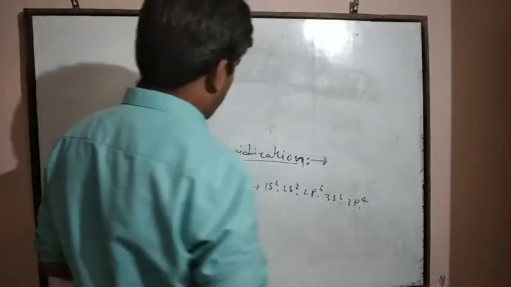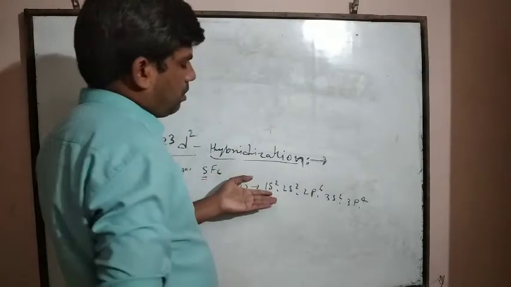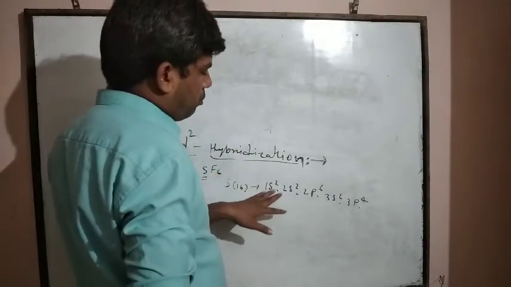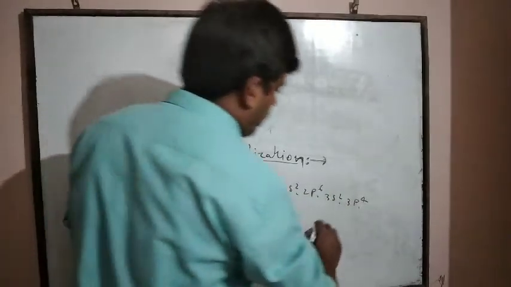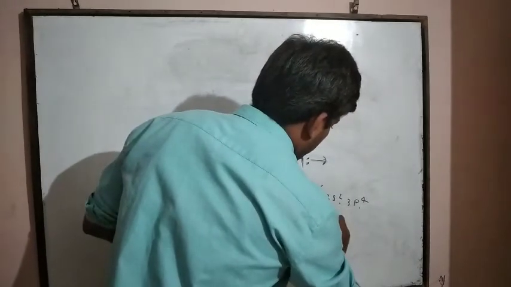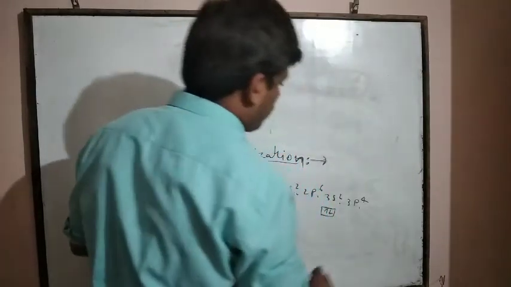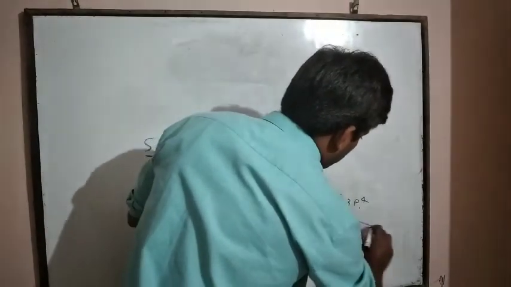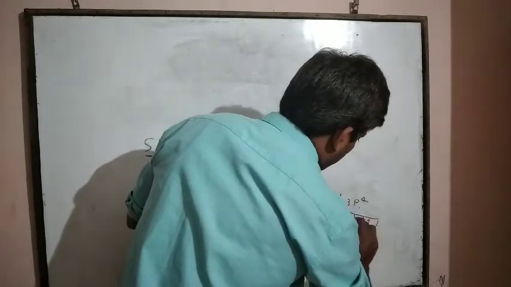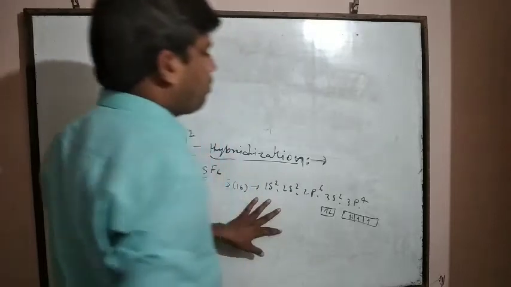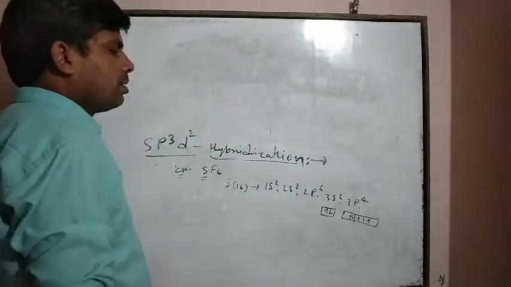Now in sulfur 16, the electronic configuration is 1s2, 2s2, 2p6, 3s2, 3p4. Now what happened? 2 electrons in 3s and 4 electrons in 3p. This is the ground state. 3d is also present, but that is vacant.